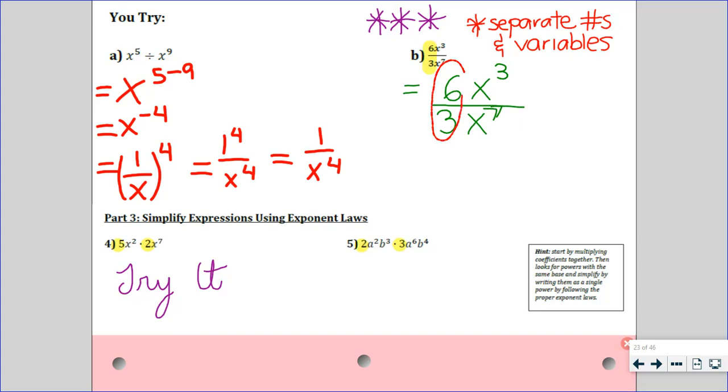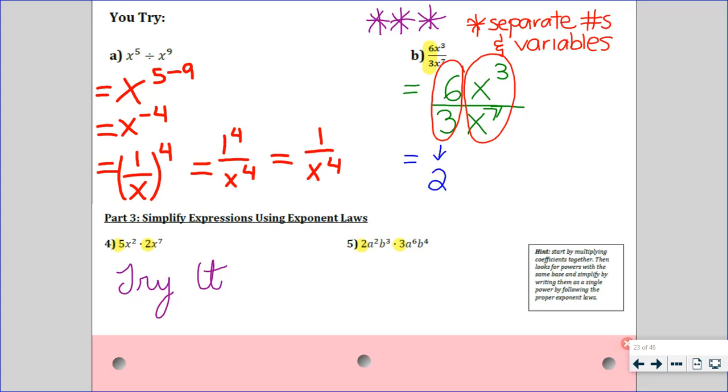I want to tackle those separately, and I want to tackle my x to the power of 3 and x to the power of 7 separately. Can anyone tell me what I do with 6 over 3? Am I supposed to subtract those numbers? No. What should I do? I need to simplify it a little bit more. Divide. Very good. So 6 divided by 3 simplifies to 2.